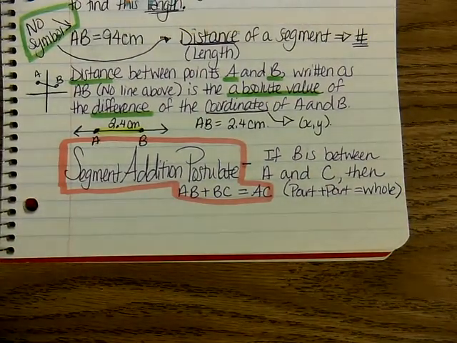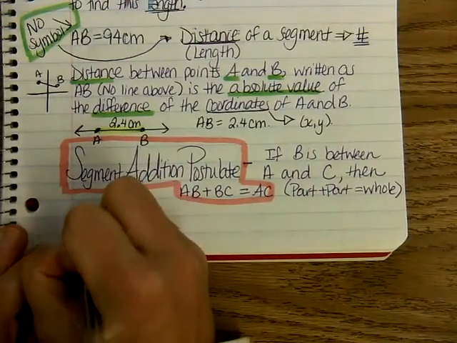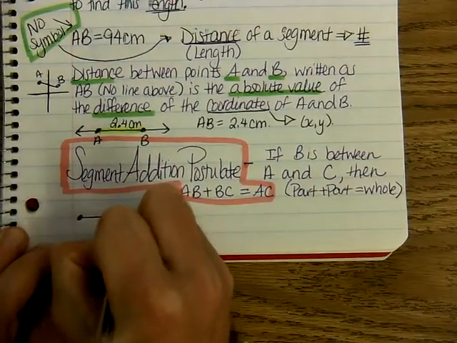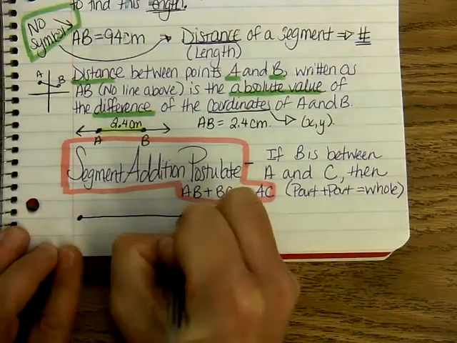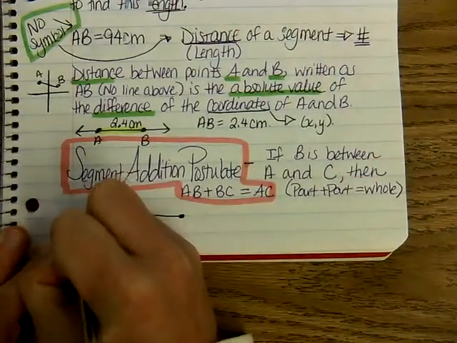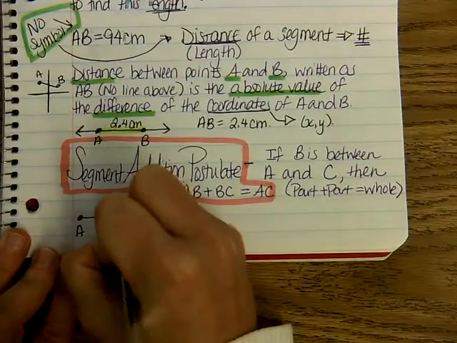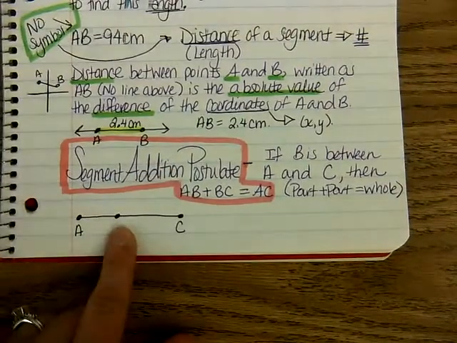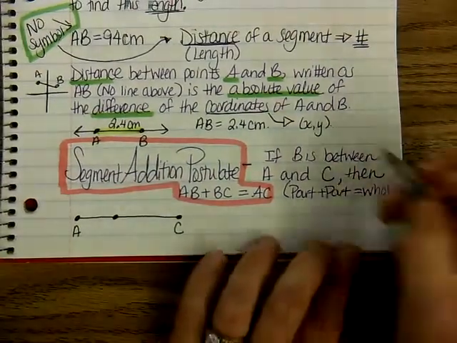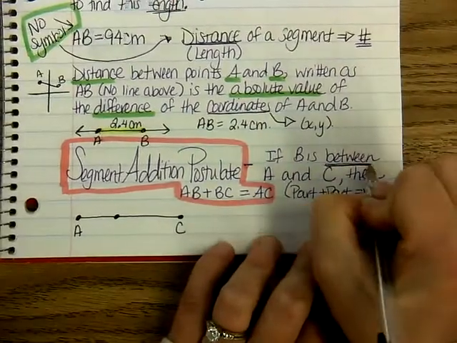So let's draw a segment with B being in between A and C. So here's A and C, and somewhere in the middle, not the direct middle, just between. Be careful.